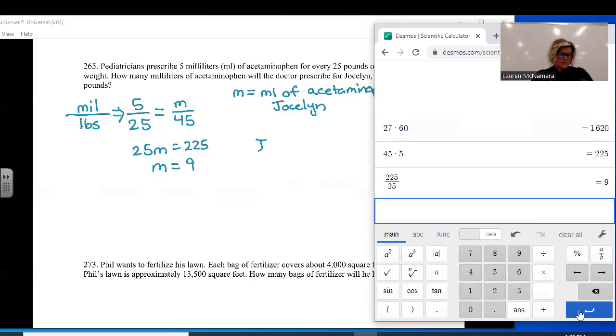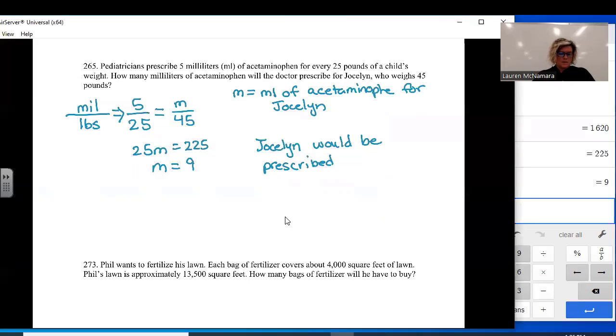So Jocelyn would be prescribed 9 milliliters of acetaminophen.